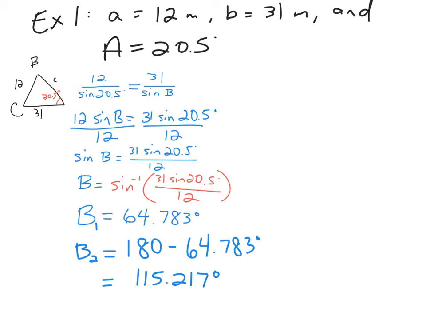So when we have an ambiguous case where we have two sides and an angle across, then we're going to find the second angle by taking the first angle that we just found and subtracting it from 180 to get the second angle.